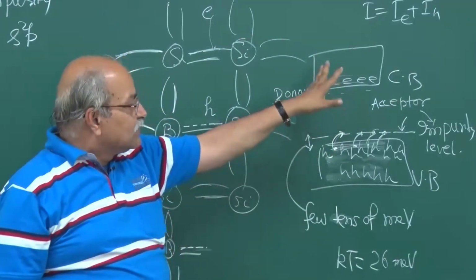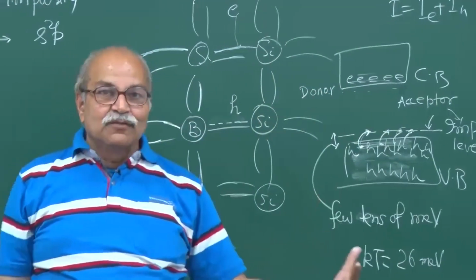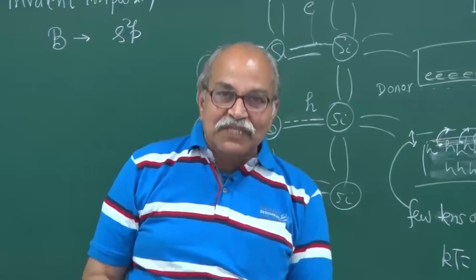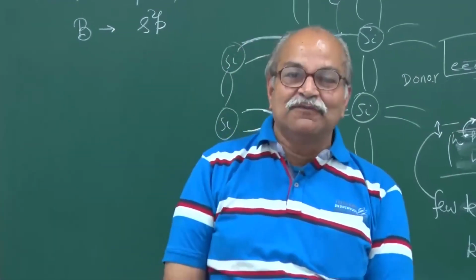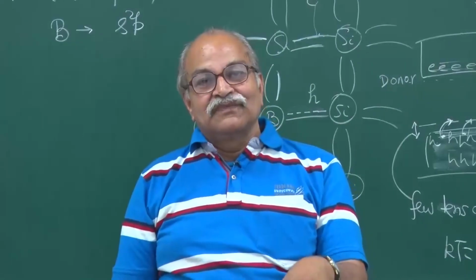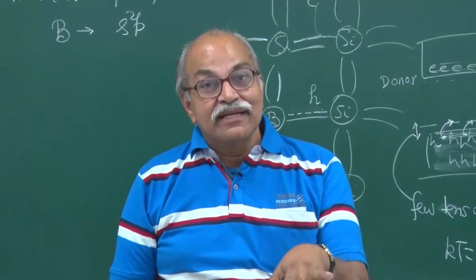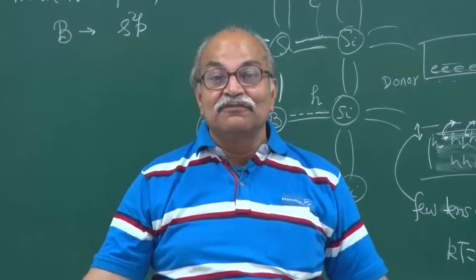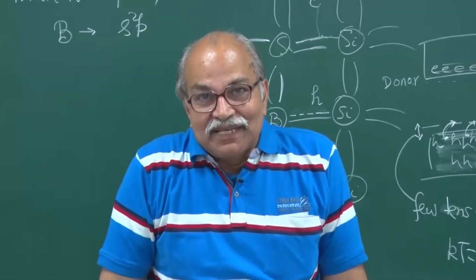So this is another name. These are the kinds of doped semiconductors, which is the real strength of all semiconductor electronics. The way you dope, you can create varieties of applications of semiconductors.